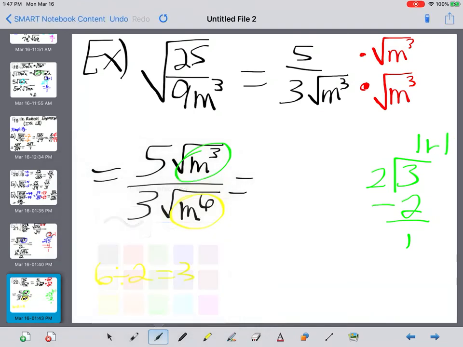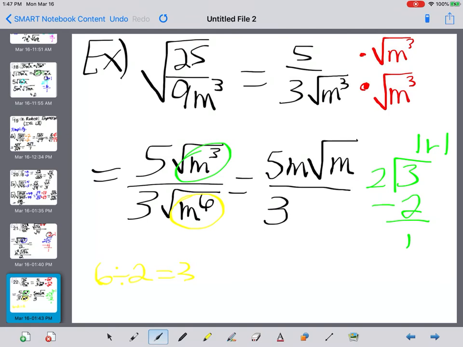Okay, so how are we going to write that? On the top we have 5, and then it had m to the first that came out, but still inside the square root I had a remainder of 1, so I'm going to have m inside. On the bottom, I have 3.